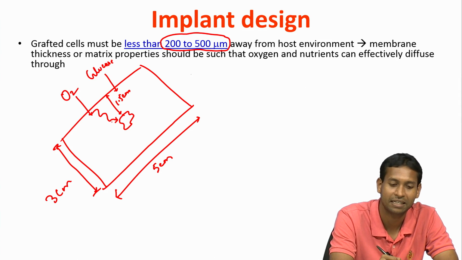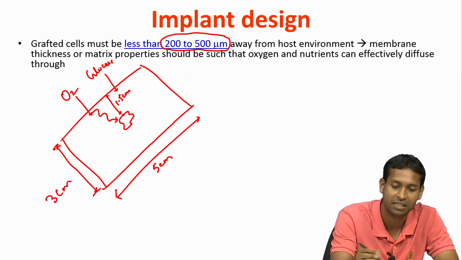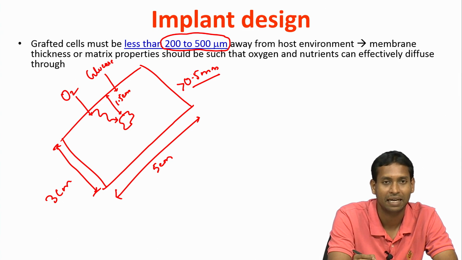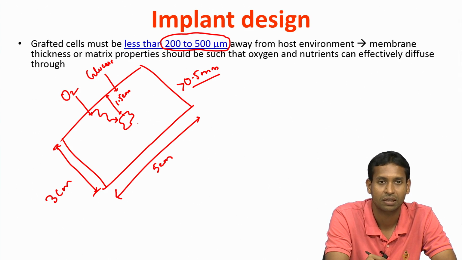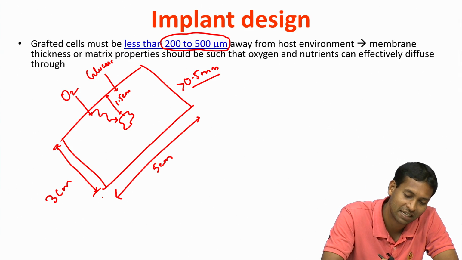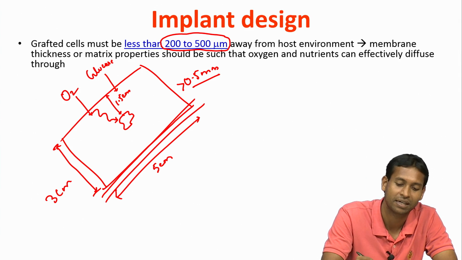What is seen is that if you increase this size range to beyond 0.5 millimeter, then these cells do not survive very well, they do not get enough oxygen. And that is of course relying on the blood vessel passing right through here.